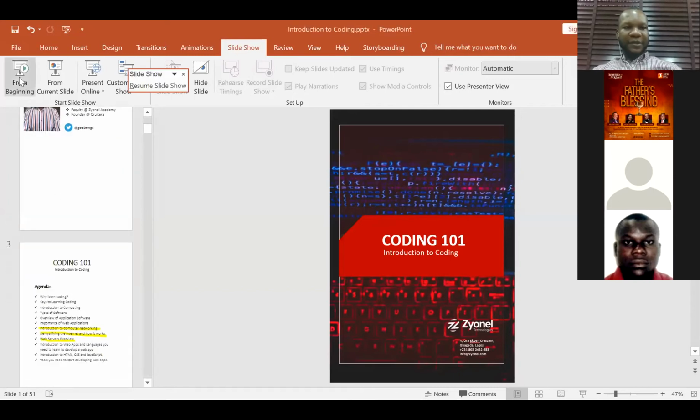You can't always rely on one internet in Nigeria. So I had to quickly switch to the backup. Can you see my slide now? Yes, we can see it.